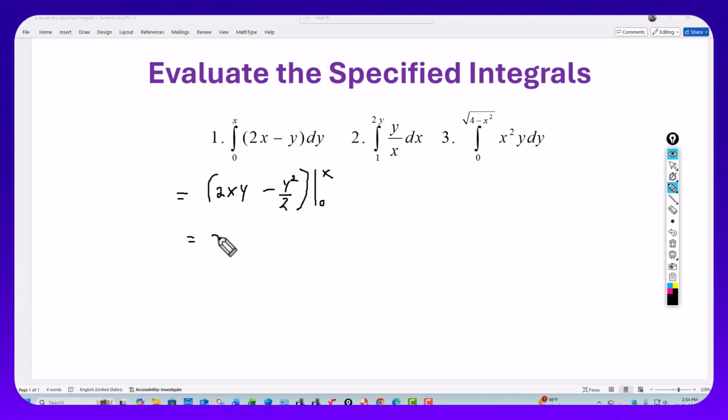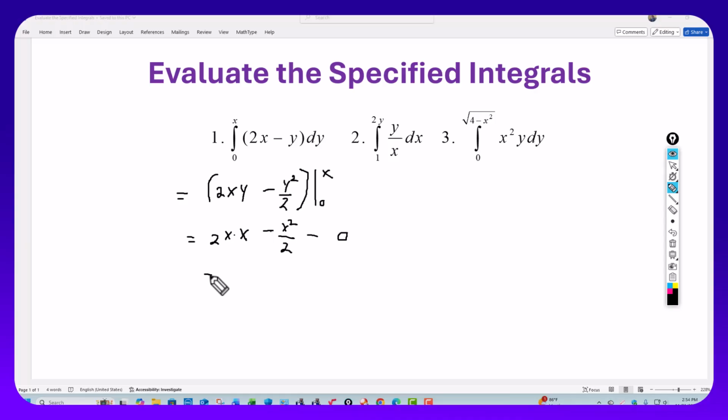So this would be 2x, and then the y is replaced by x, and minus, replacing the y by x, this would be x squared over 2. And then it's minus the value at y equals 0. So that is 0 minus 0.